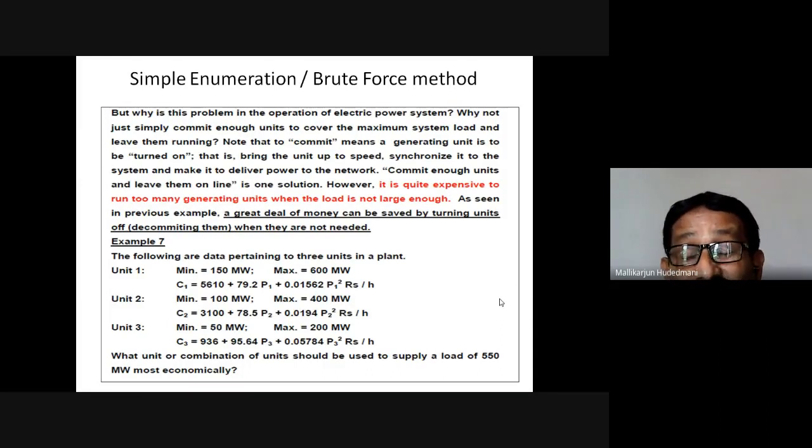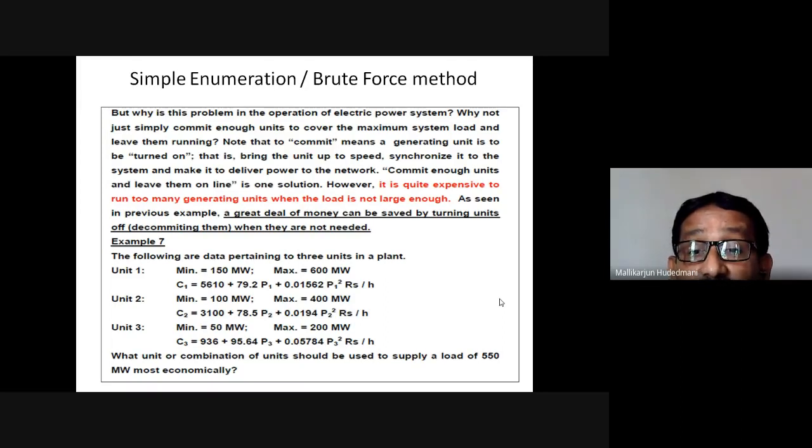Once your system lambda is calculated, using that lambda, P1, P2, P3 are calculated based on Lagrange's optimization method. What is P1? P1 is lambda minus B1 divided by 2C1. What is P2? Lambda minus B2 by 2C2. P3 being lambda minus B3 by 2C3.